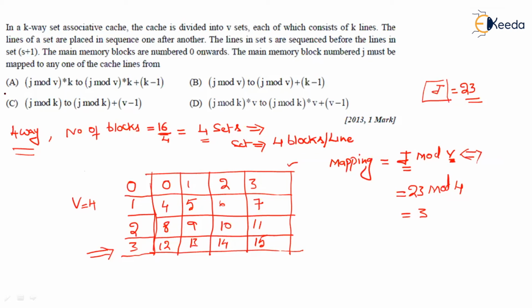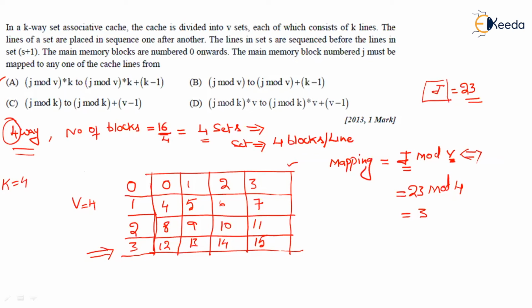So if you have a look at option A, you can definitely identify that option A is the correct option among the other options. Let us have a look at this J mod V. This J mod V will give us 3. J mod V into K. What is J mod V into K? K is equal to 4, right?